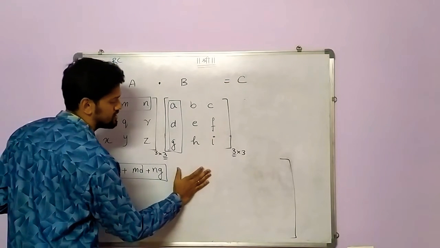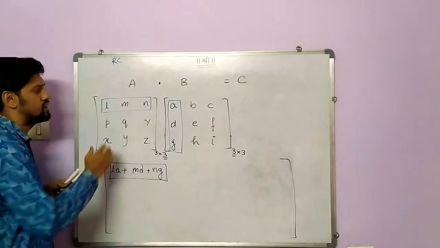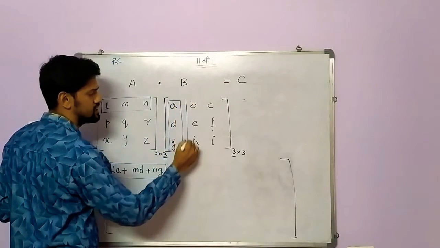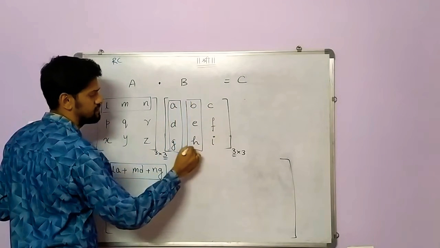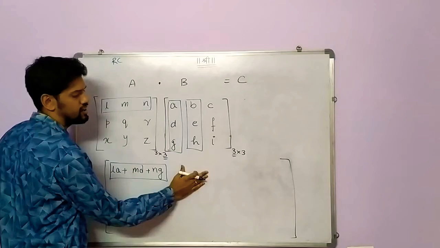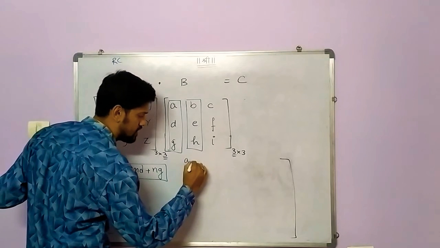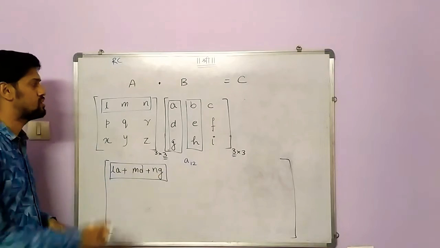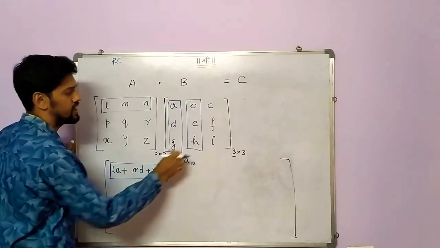Now I need the second one here, so what I will do, I will multiply first row and this time I will multiply the second column. That will give me element A12. If you remember this, A12, element from the first row and second column. So I have taken first row, second column.